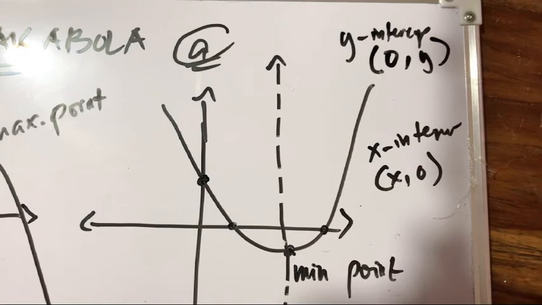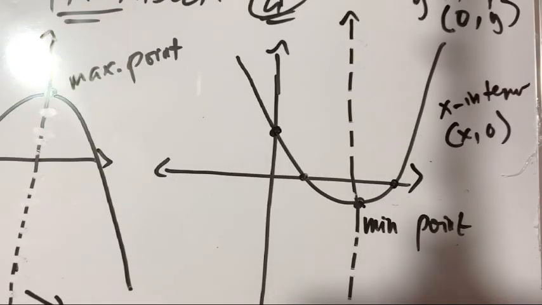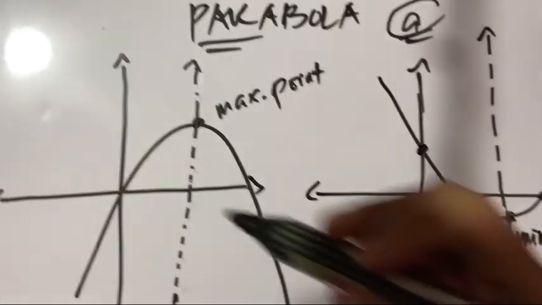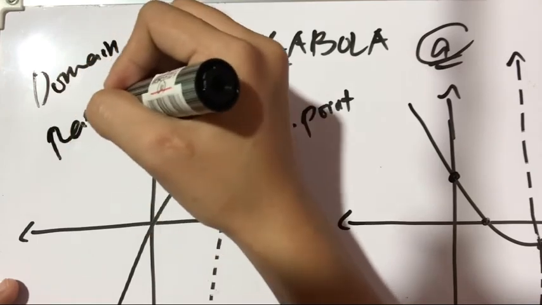Okay? Did you follow? So, to top it all, the things that you have to get first in graphing the parabola or the graph of the quadratic function are the vertex, the minimum or maximum point, the x and y intercepts, and you also have to consider the domain and the range.